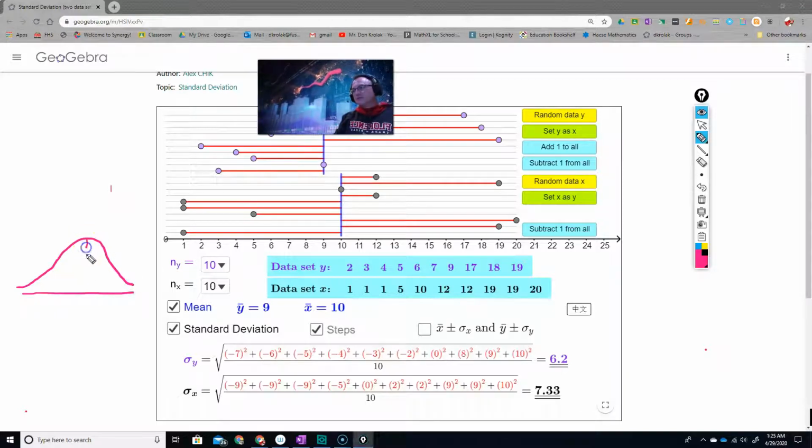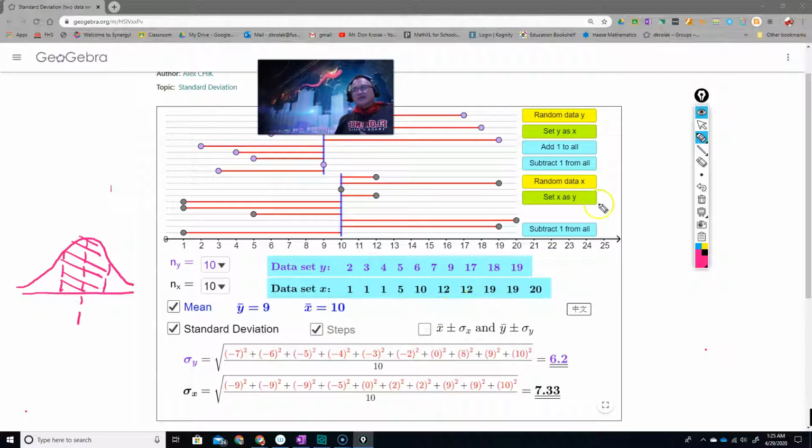So what happens in normally distributed data is that the majority of the scores, about 70% of them, are going to fall either one standard deviation above or one standard deviation below. That's where the majority of your data is going to be.